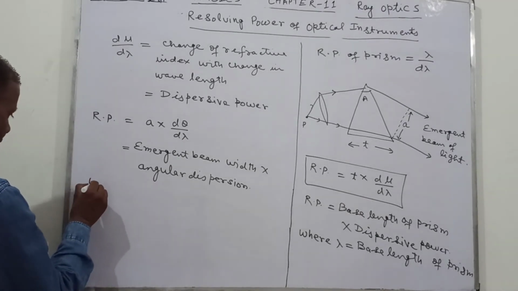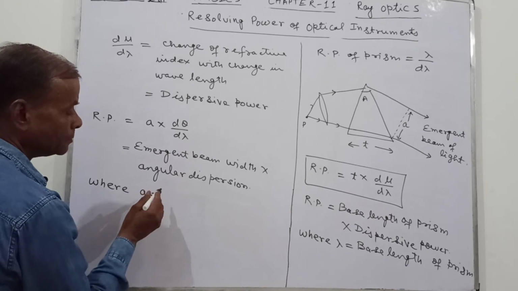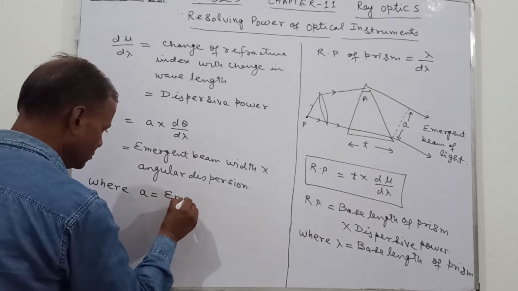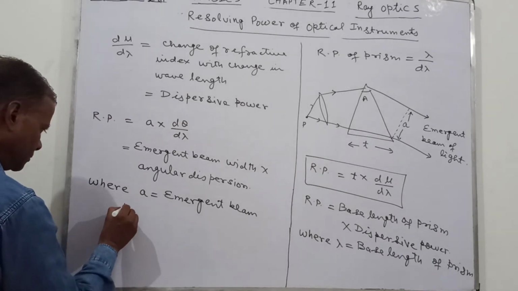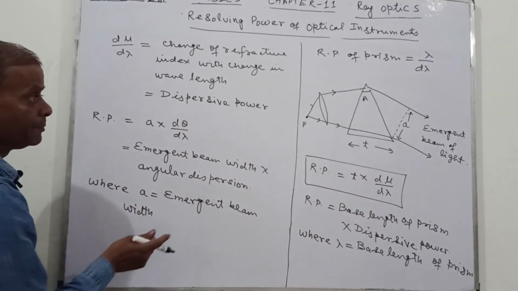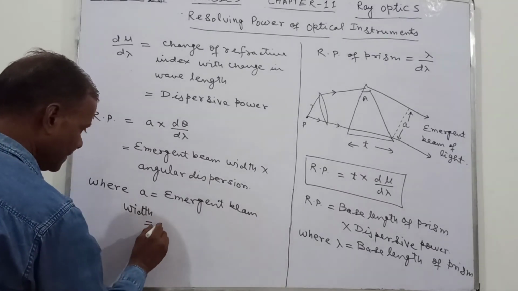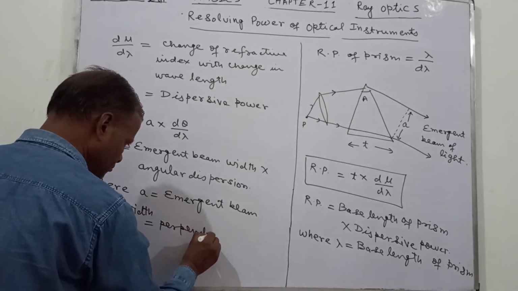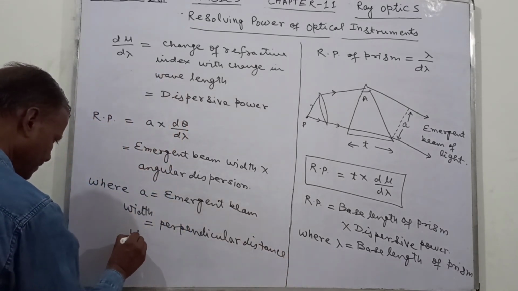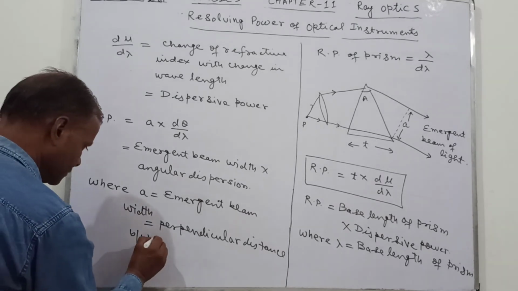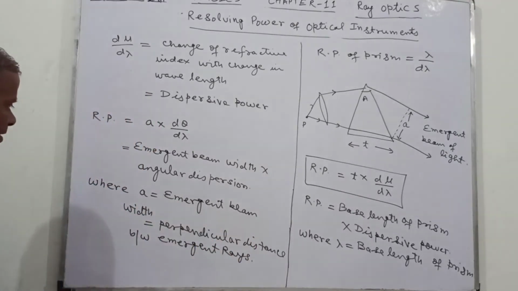So A is the emergent beam width, and this is the perpendicular distance between the emergent rays.